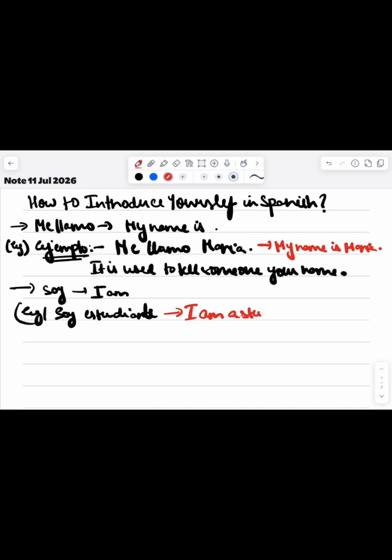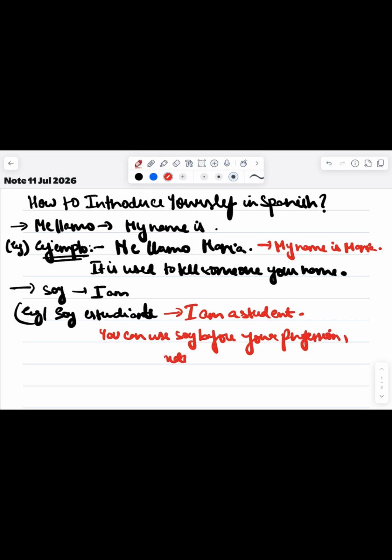It's basically I am. So when you say my name is this, and if someone asks, okay, what do you do? You can say I am this and I am that. As you learn more Spanish vocabulary, you will be able to describe yourself using this simple word. Such phrases are very impactful. They show that you know a lot about Spanish.